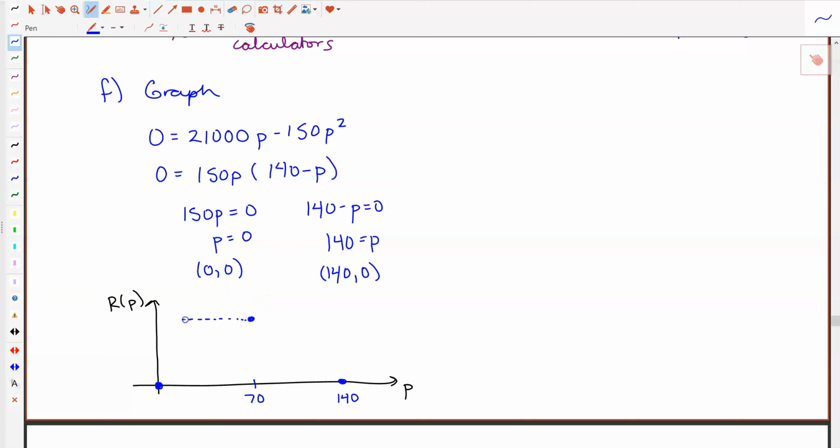And my vertex then will give a y value, that maximum revenue of 735,000. And then we're just going to draw a parabola going through those points.